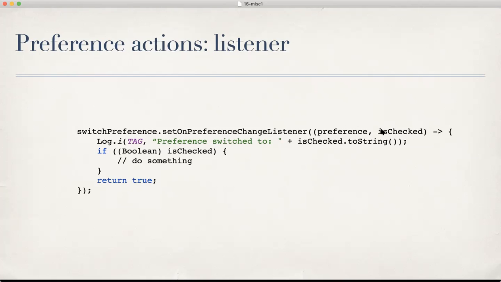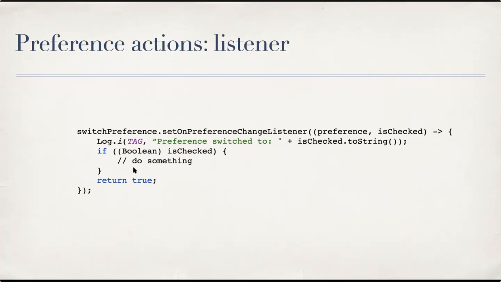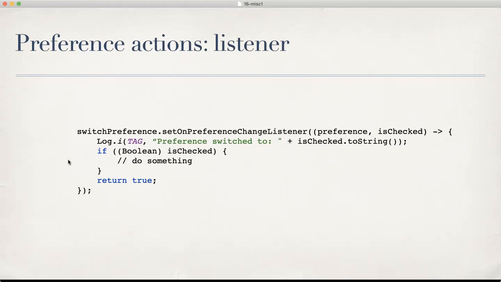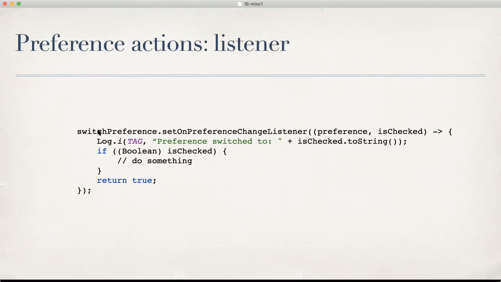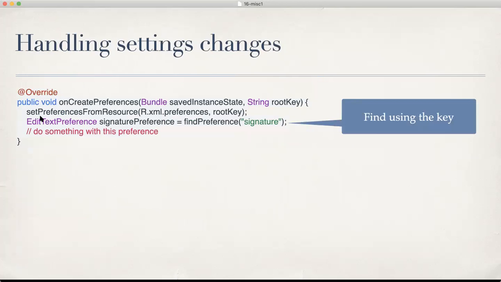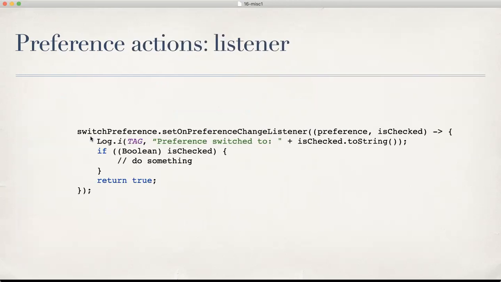So I'm calling isChecked, either true or false, and simply showing a log message that the preference is now switched to whatever that value is. If it is true, do something. There could be an else: if it is false, do something else. So you can set listeners to your individual preferences and handle them. This code will go right here in the onCreatePreferences, for example.